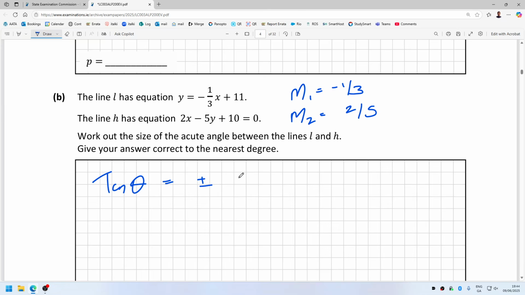Plus or minus m1 minus m2 over 1 plus m1 m2, I believe. Let me see. Minus 1/3 minus 2/5 over 1 minus a third times 2/5.